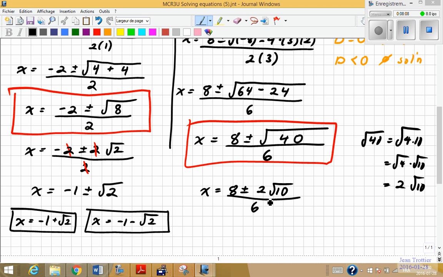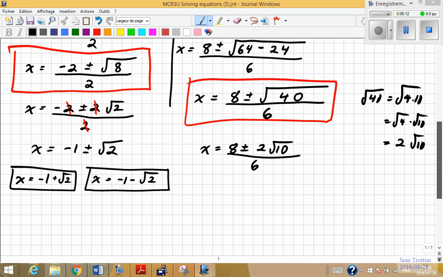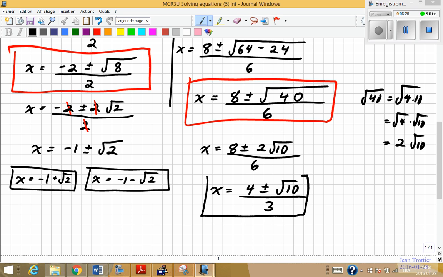And we can simplify everything by dividing each term by 2, top and bottom. So we have x equals 4 plus or minus root of 10 over 3. So we won't write out both answers, but one's positive and the other one's negative. And that would be the answer for this one.